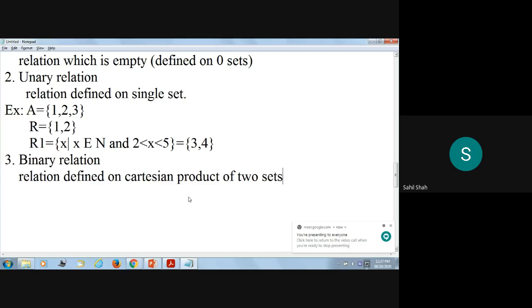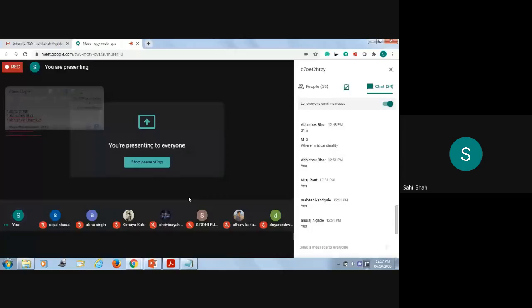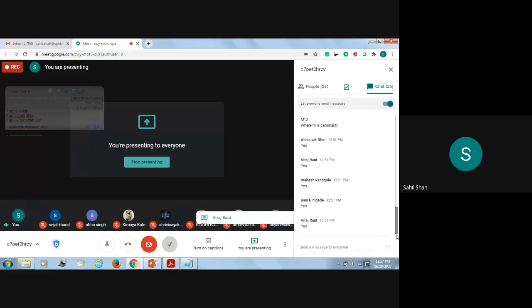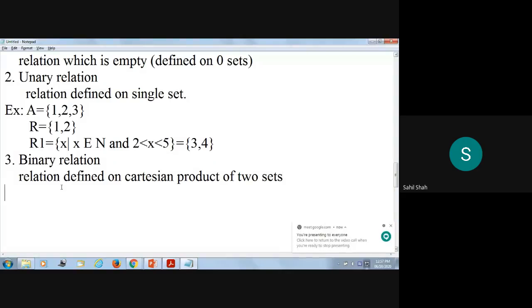A binary relation is a relation defined on the Cartesian product of two sets. Alternatively, I will say a binary relation is a subset of the Cartesian product defined on exactly two sets. Am I clear? At least say yes or no. Now, can you tell me what will be an example of a binary relation?